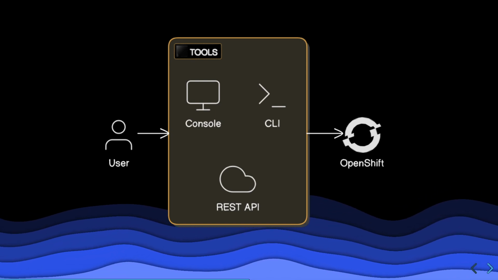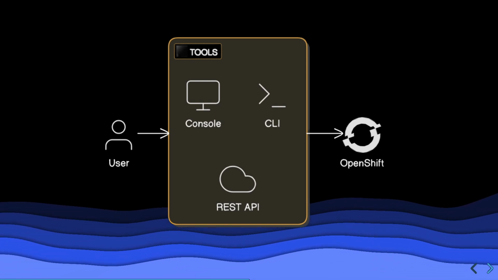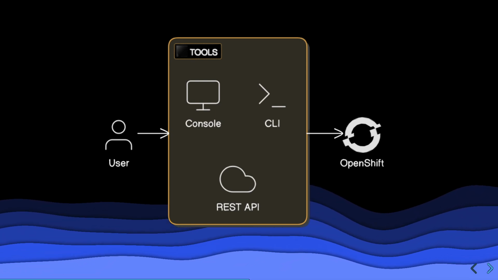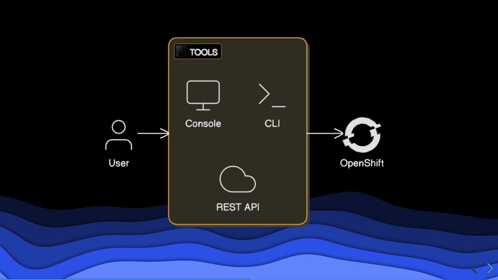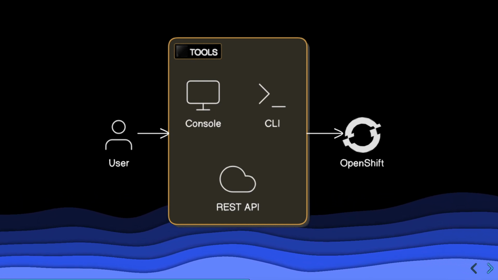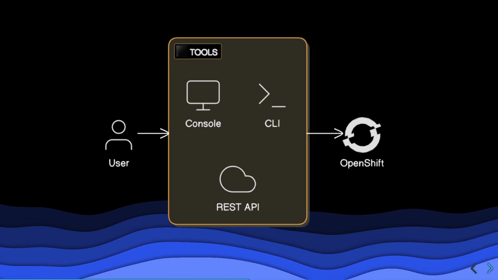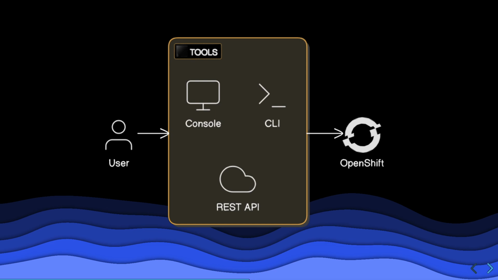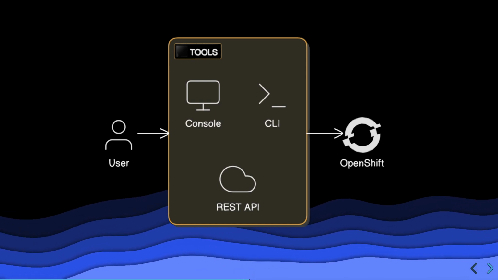If you prefer a graphical interface, the web console is there. And even if you want to build some custom tools or automate things through scripting, you've got the REST API. So it's a very powerful platform in terms of its flexibility. Very powerful, very flexible.